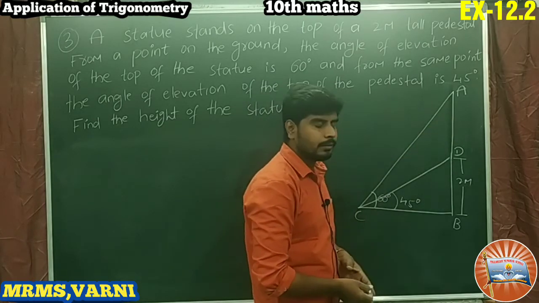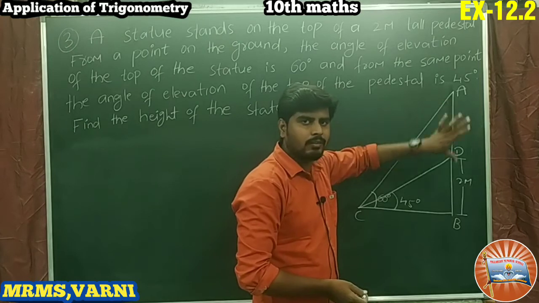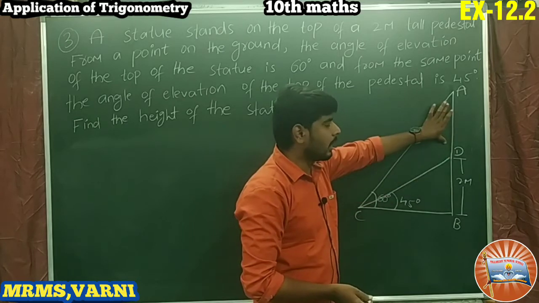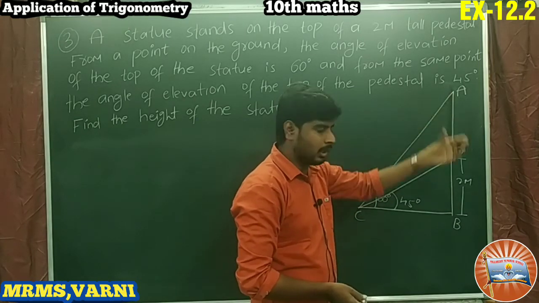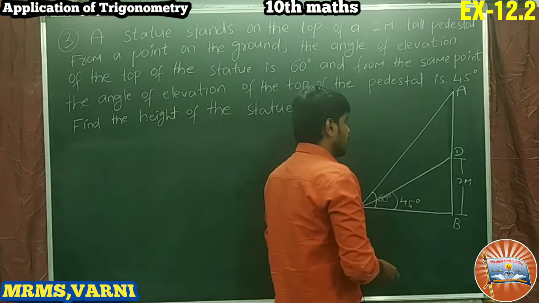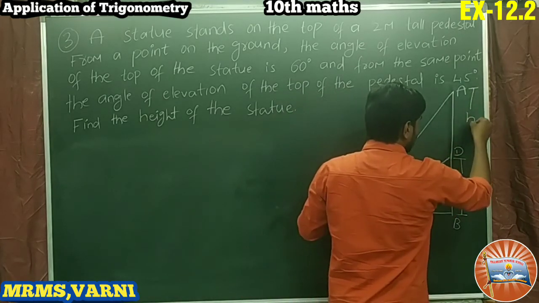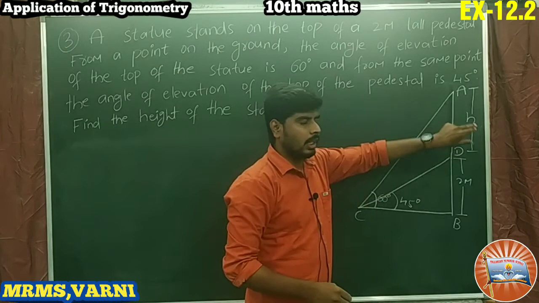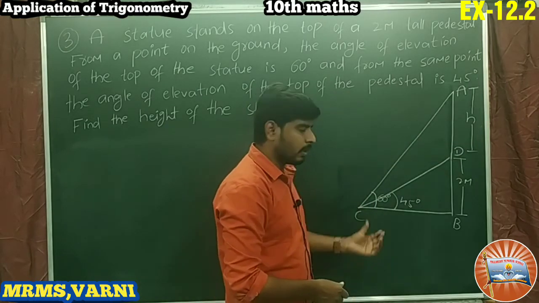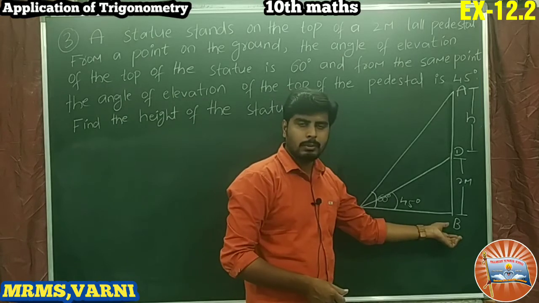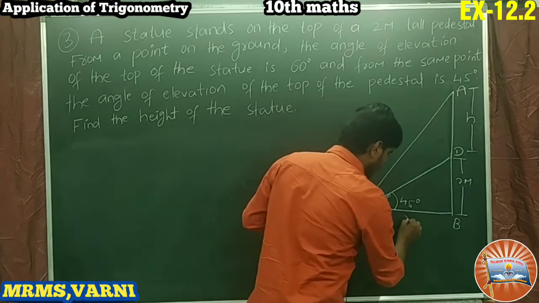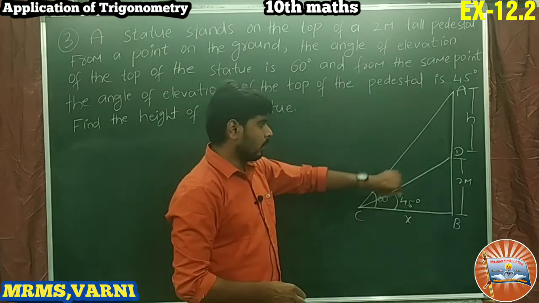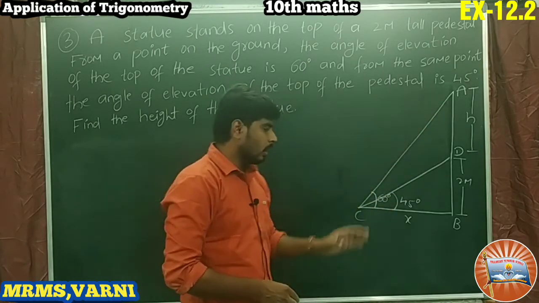This AD is the height of the statue. This BD is the height of the pedestal, and this statue is standing on this pedestal. Consider the height of the statue as h, and the distance between the observer and the foot of the pedestal as x. This is the diagram for this situation.